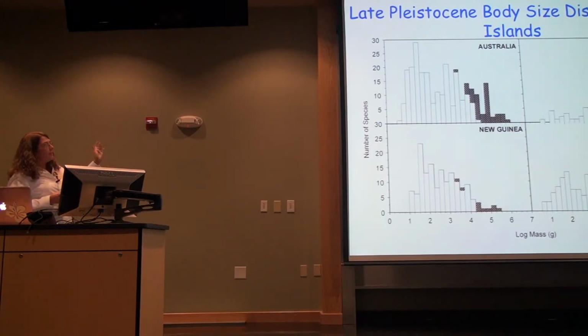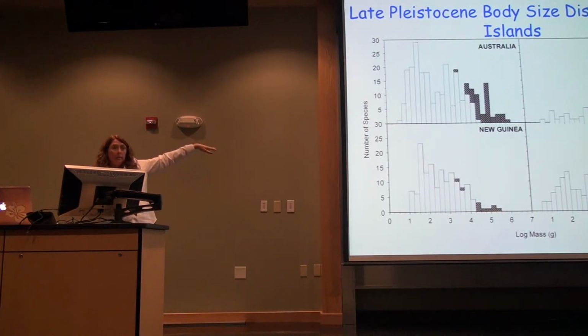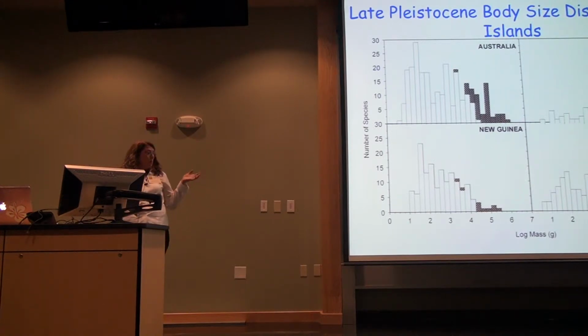Basically, how peaked these distributions are is related to the area of the island and the number of species on them. So Tasmania is one of the smallest islands shown here, and it has a much flatter, more uniform distribution than the other islands do. But what this does suggest is that the pattern that Brown and Nicoletto found for smaller spatial scales at a regional level is in fact consistent, and we do pick it up in the fossil record.